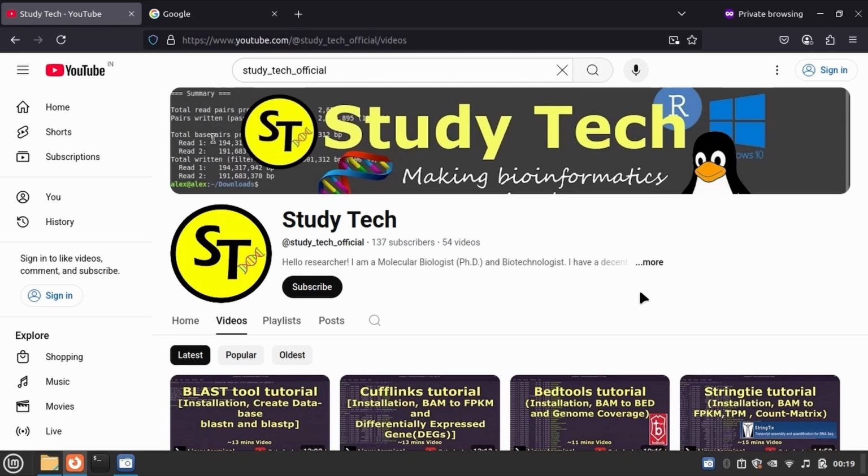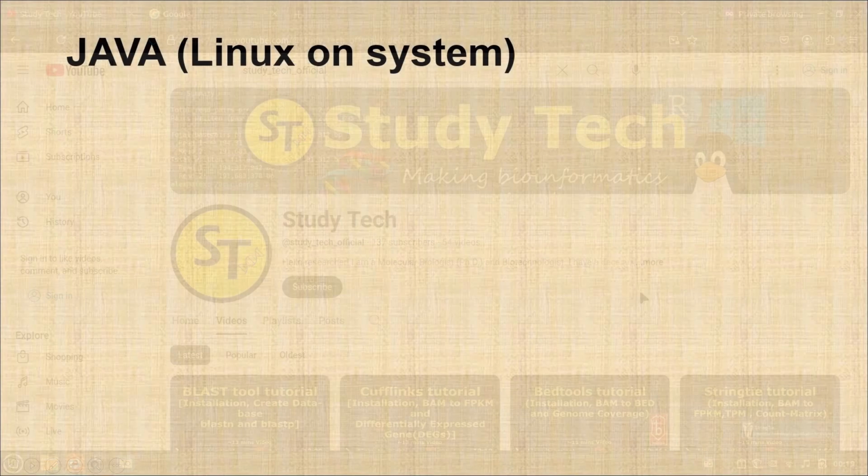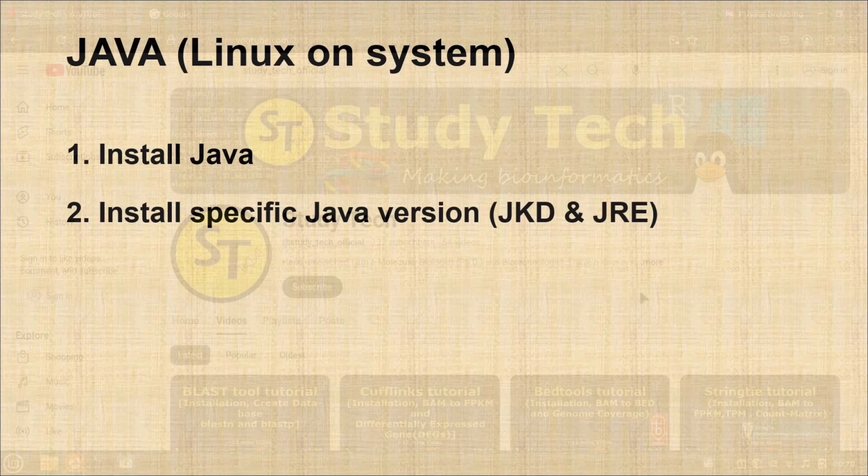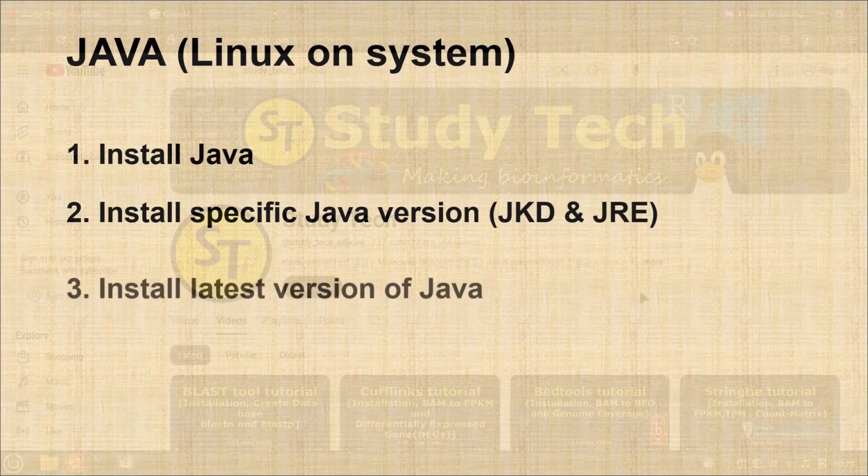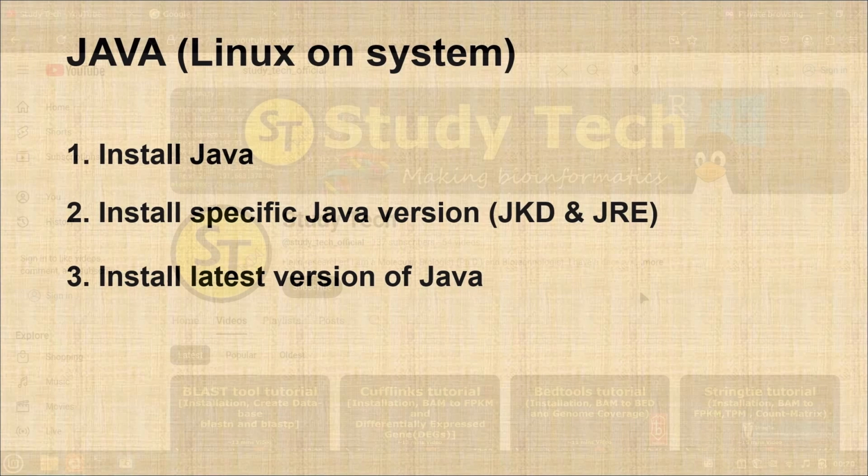Today in this video I will demonstrate how to install Java in your system for the first time, and in the second part I will demonstrate how to install a particular version of Java JDK or JRE in your system, and in the third part I'll demonstrate how to install the latest version of the Java JRE.